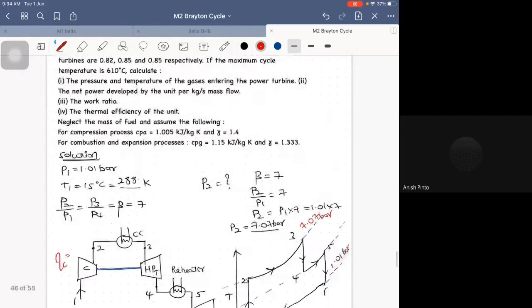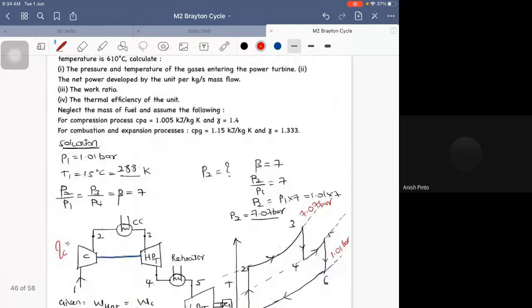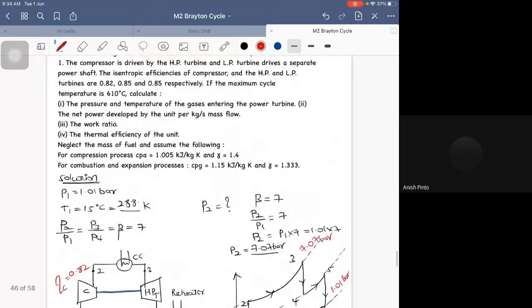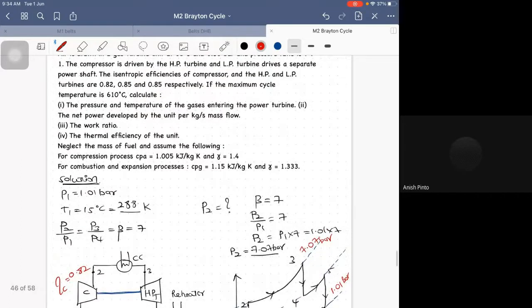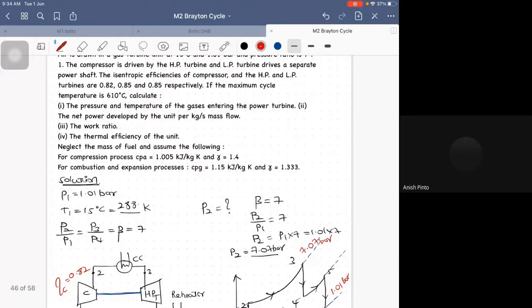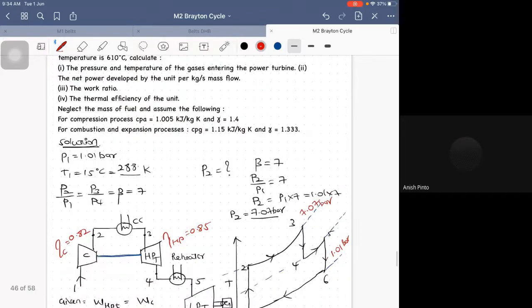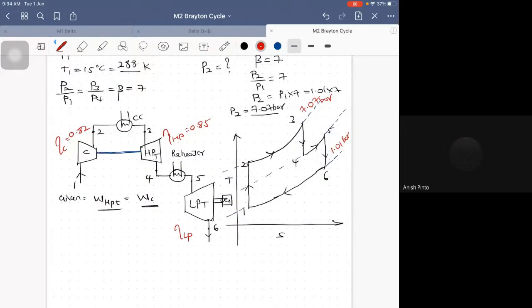That is how much? Efficiency of compressor is 0.82. Now, what is the efficiency of HP turbine? It is 0.85. HP turbine is 0.85, and even the efficiency of LP turbine is given 0.85.